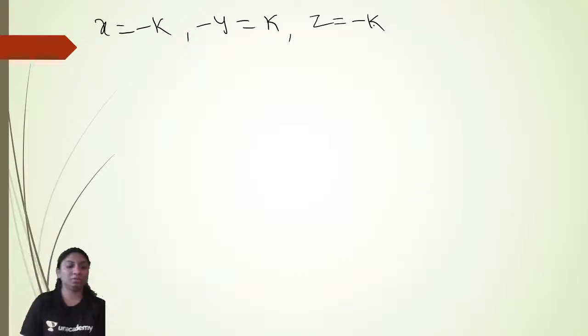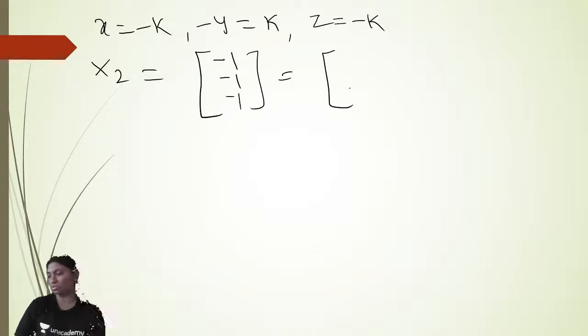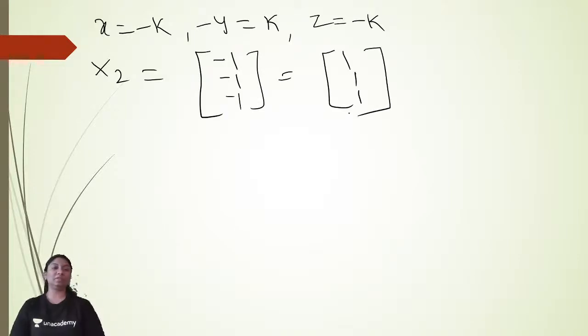Okay, so minus k minus y is equal to k, so x2 is equal to, we will get minus 1, here y is equal to minus k, so again minus 1, and z is equal to minus. So if I take one common, so you will get 1 1 1 matrix. Okay, so x2 is the 1 1 1 matrix.